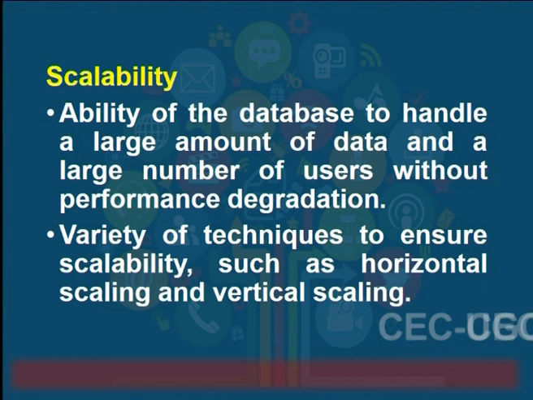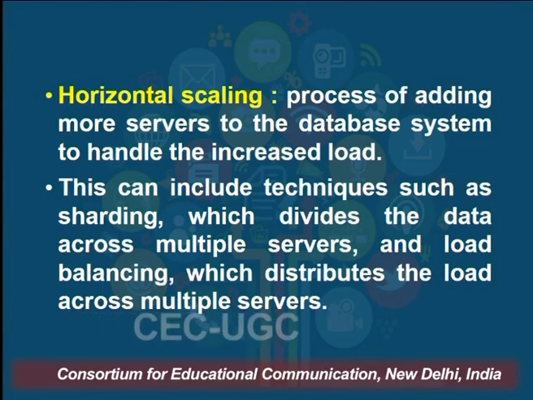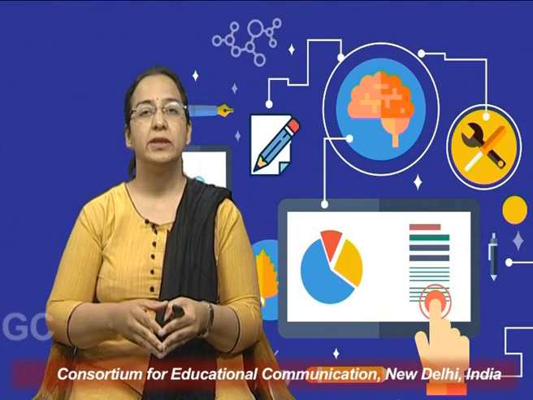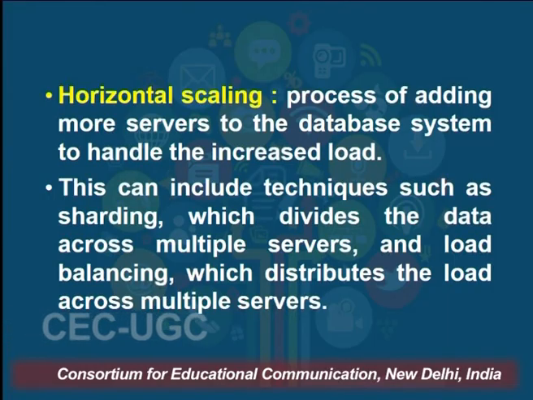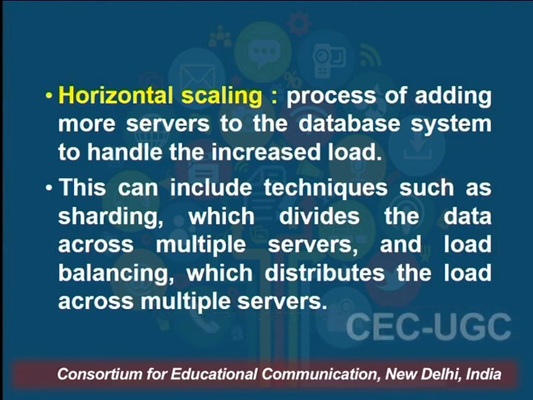The two techniques here are horizontal scaling and vertical scaling. Let us see very briefly what horizontal and vertical scaling are. Horizontal scaling is the process of adding more servers to the database system in order to handle the increased load.